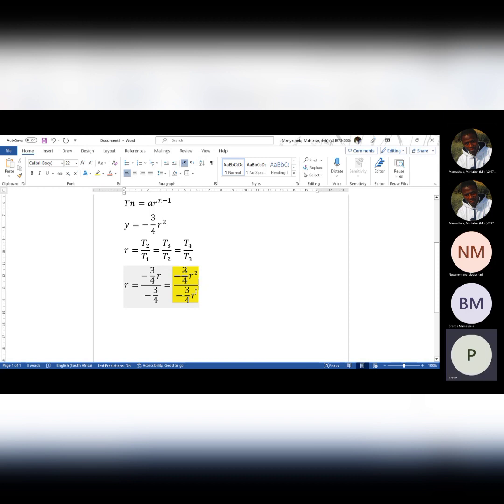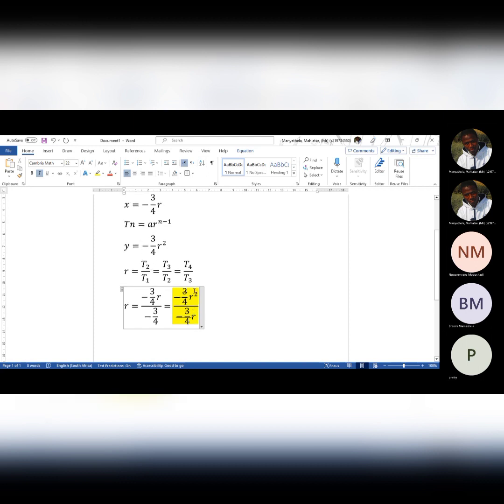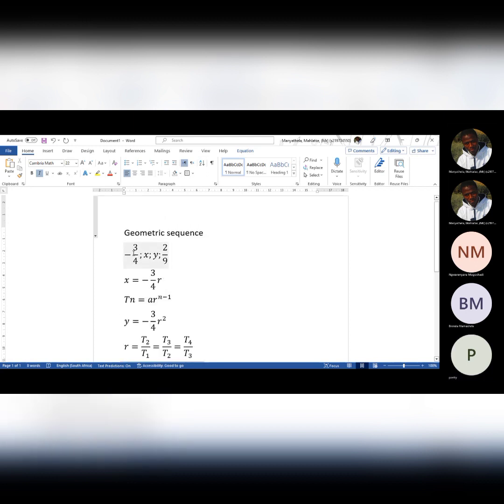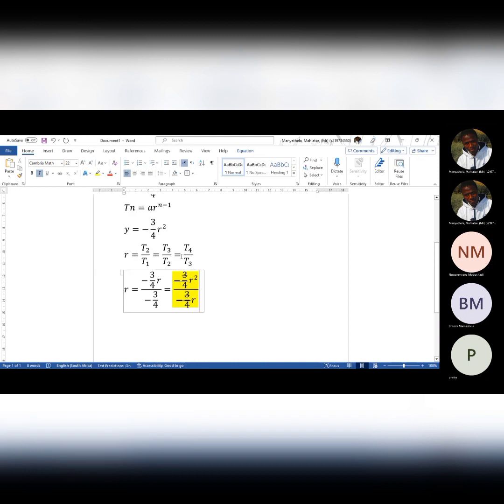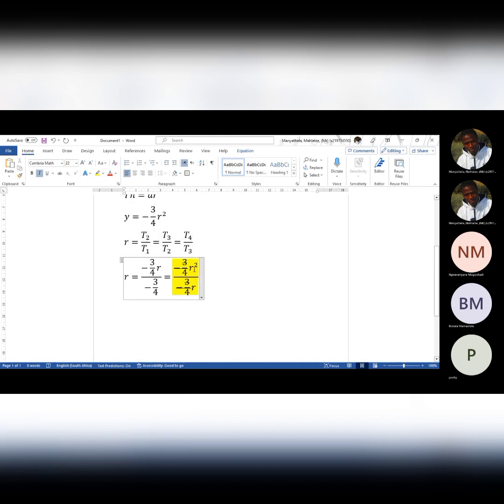So we get r to the exponent 1. When dividing, you subtract 1 from the exponent, 2 subtract 1. We are left with r. Okay, let me take it down.